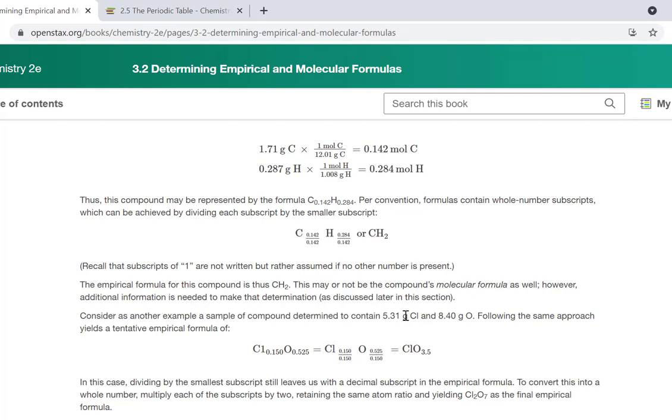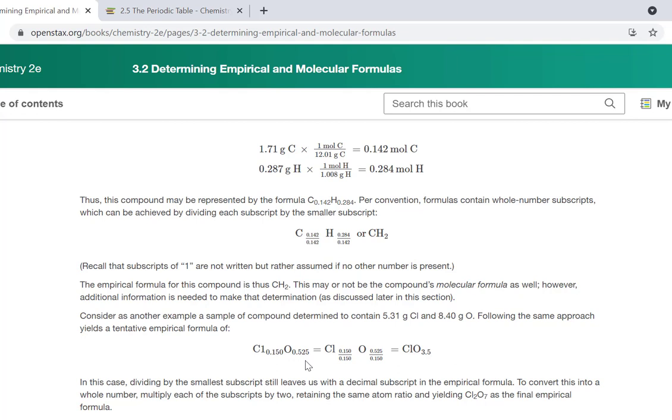So convert chlorine to moles, oxygen to moles, similar to what's done up here, except of course you would have chlorine and oxygen instead of the carbon and hydrogen. So feel free to do that, and what you should end up with is what they're showing here, 0.150 moles of the chlorine and 0.525 moles of the oxygen.